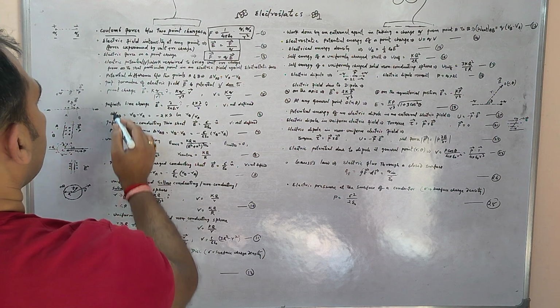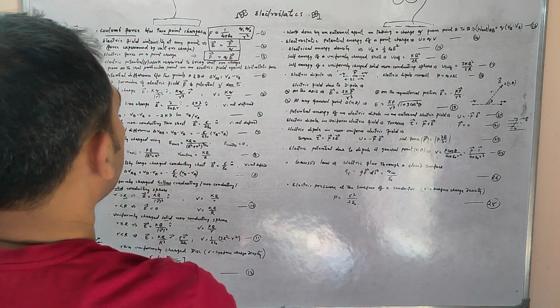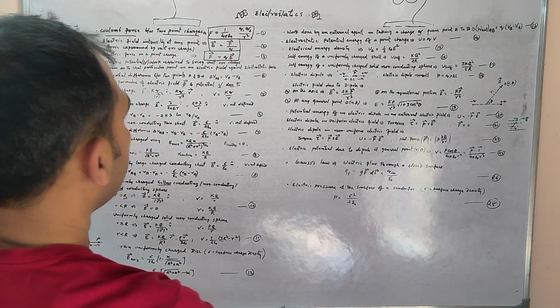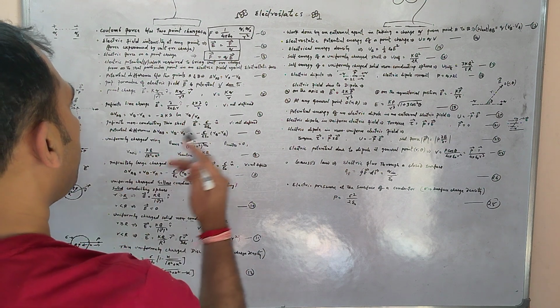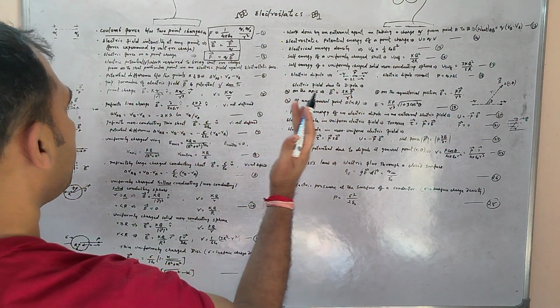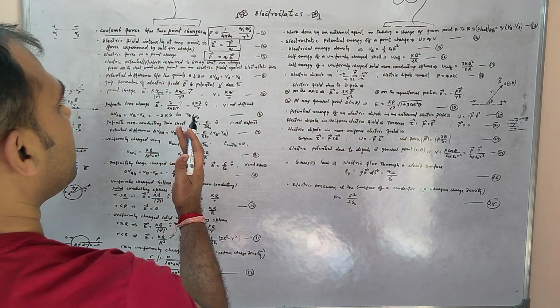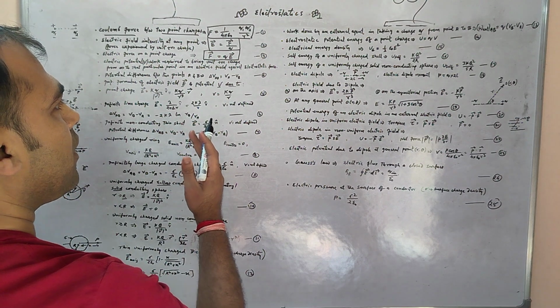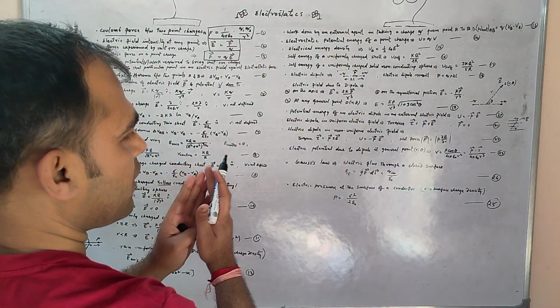Then electric potential is the work required to bring unit positive charge from infinity to that particular point in an electric field against the electrostatic force.